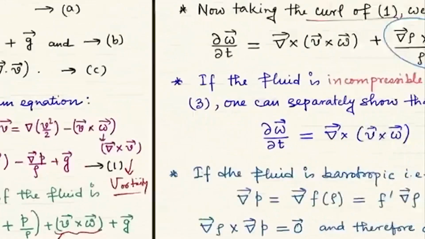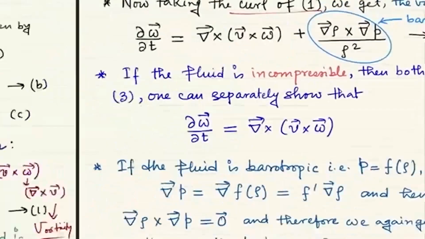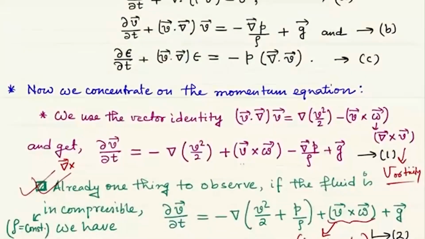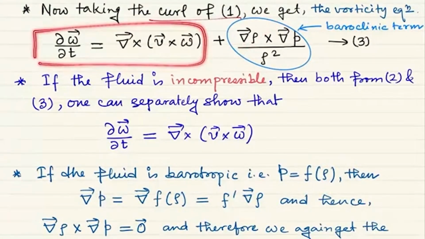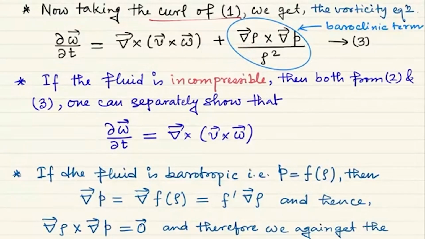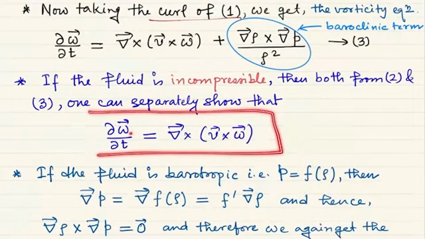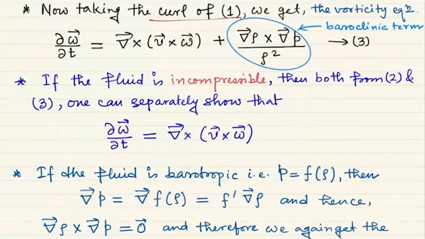So for an incompressible fluid, because gradient of rho is 0, this is again 0, and you will have this. So you can show that the vorticity vector satisfies this evolution equation, the simple evolution equation del omega del T is equal to curl of V cross omega.